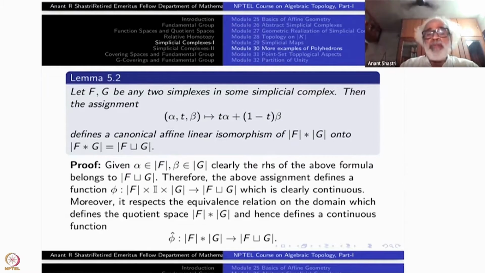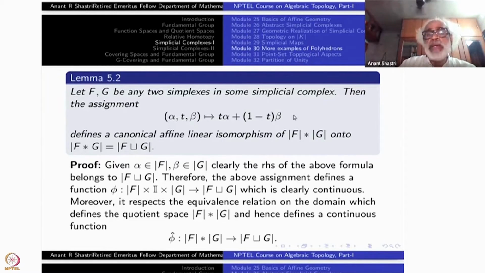Therefore the assignment defines a function phi from mod f cross I cross mod g to mod f star g, which by the very formula is continuous because it's an affine combination. Moreover, it respects the equivalence relation on the domain. So what is the equivalence relation here? When t is 0, all alphas are identified irrespective of what beta is, for each beta.